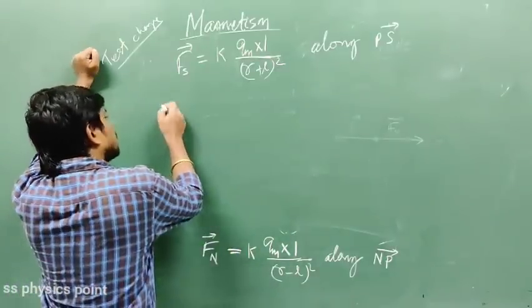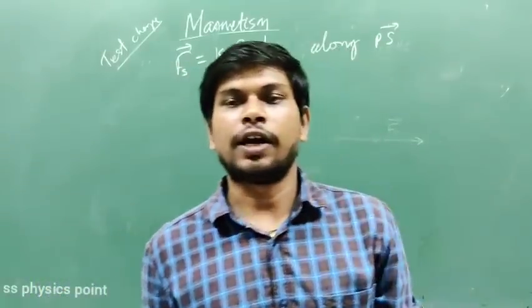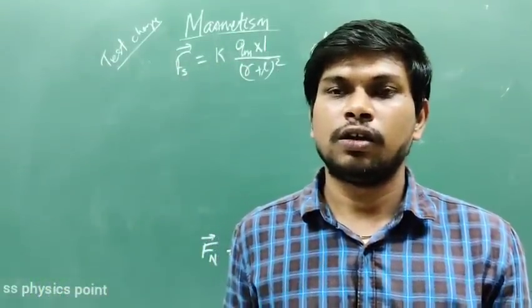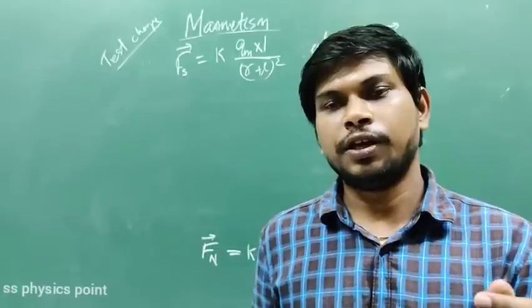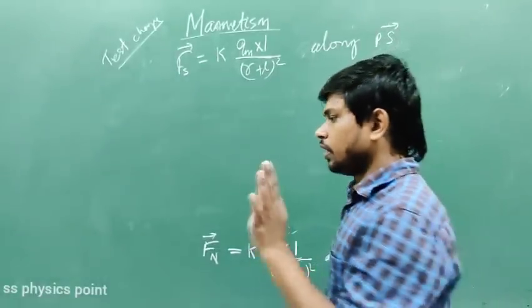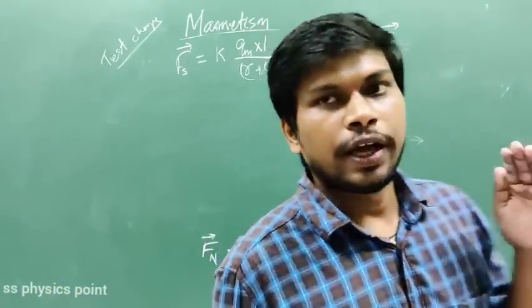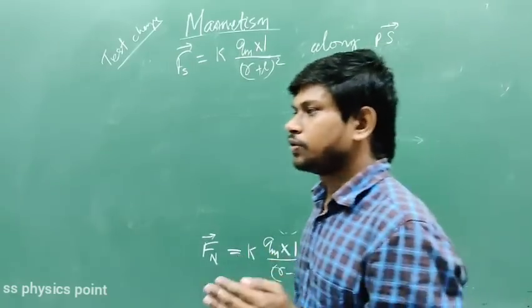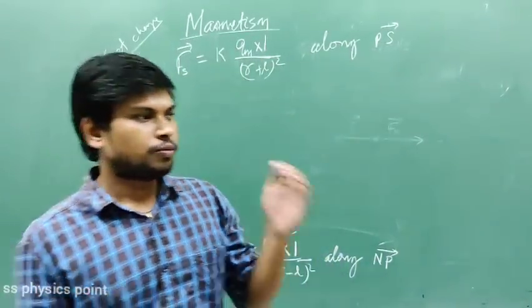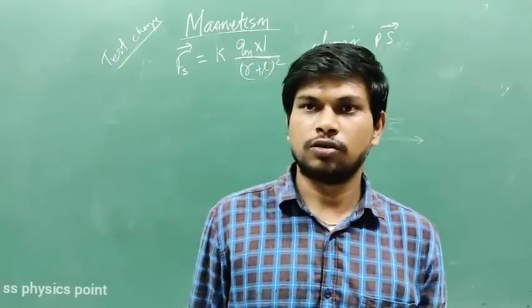So see, just write it here. The magnetic field at point P is equal to the net force experienced by the unit north pole.